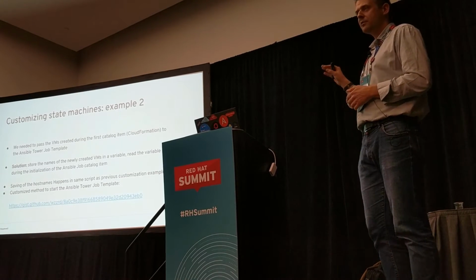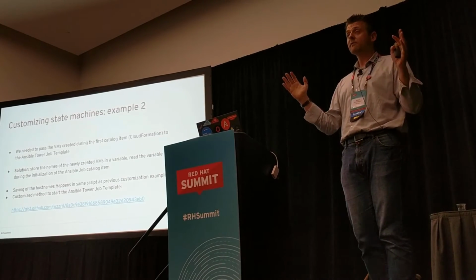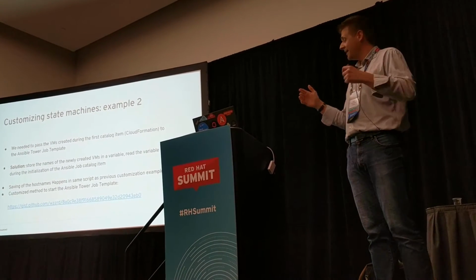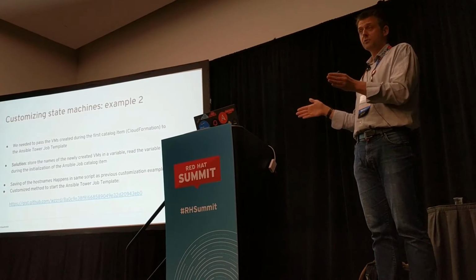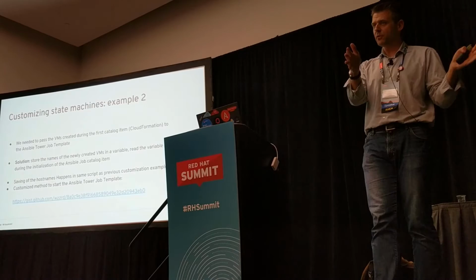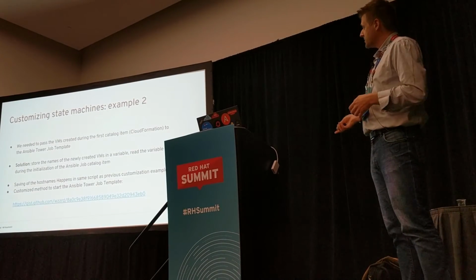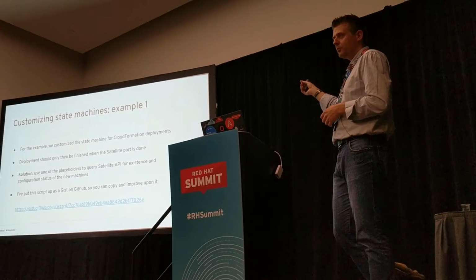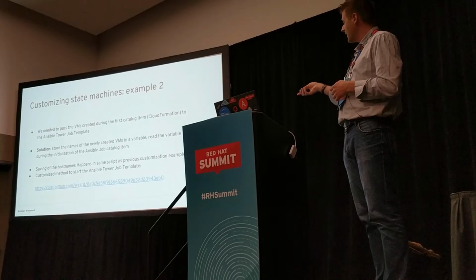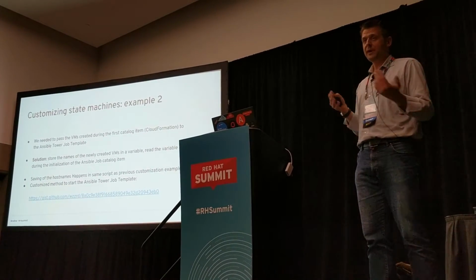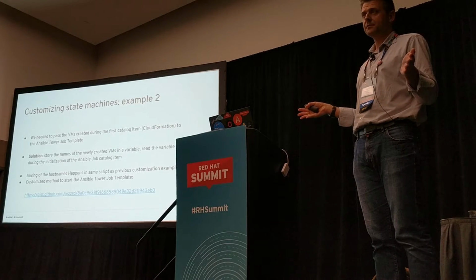The second part of customization I've done in here is that during the first part, I'm creating 4 virtual machines. In the second part, I want to limit the Ansible Tower job run only to those 4 virtual machines. So I have to pass the names of the 4 virtual machines to Ansible Tower. In this script, I store the 4 names of the virtual machines in a variable, and in this script, we read the variable and pass it to Ansible Tower to limit the run of Ansible to those 4 virtual machines.